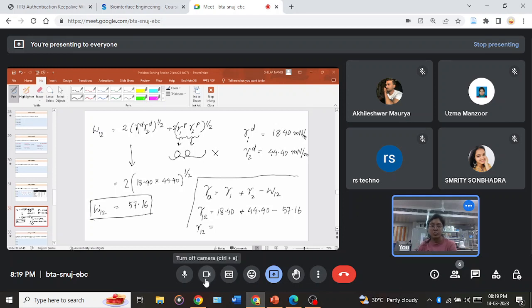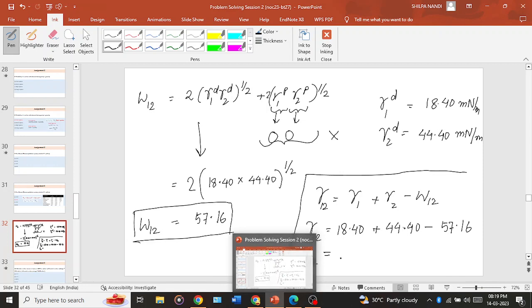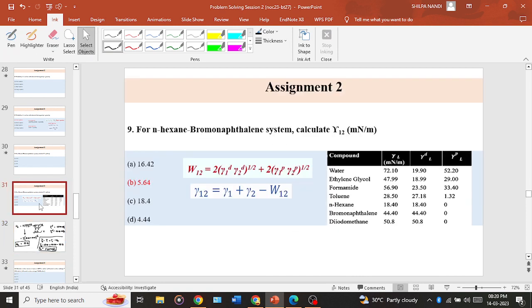So the answer is coming to be 5.64 millinewton per meter. So this is what we are looking for. The question demanded gamma 12 in terms of millinewton per meter.